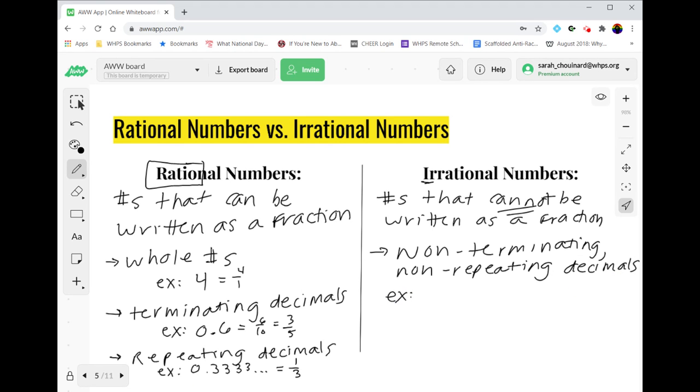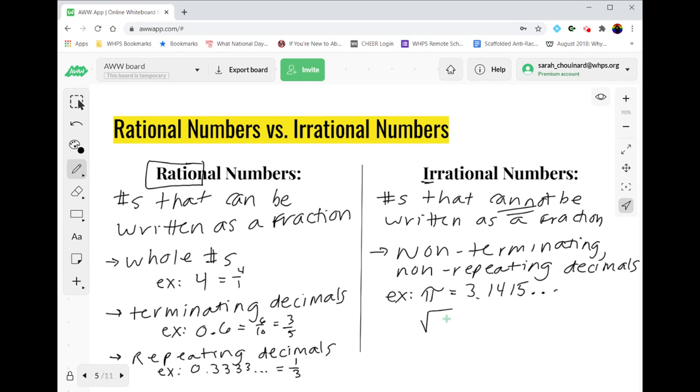The most famous example is pi, because we all know that it's 3.1415, and then it just keeps going on from there. There's no pattern to pi. It just goes on forever in a non-terminating, non-repeating fashion.